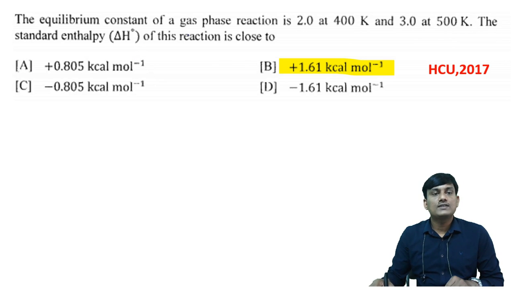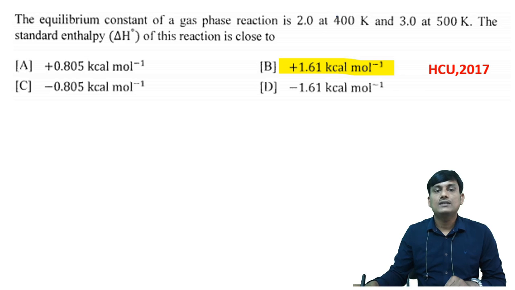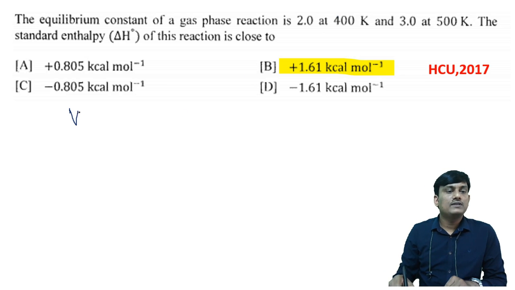The equilibrium constant of a gas phase reaction is 2.0 at 400 Kelvin and 3.0 at 500 Kelvin. The standard enthalpy of this reaction is close to. Okay, here there is a relation between equilibrium constant and temperature. This one is given by van't Hoff equation.